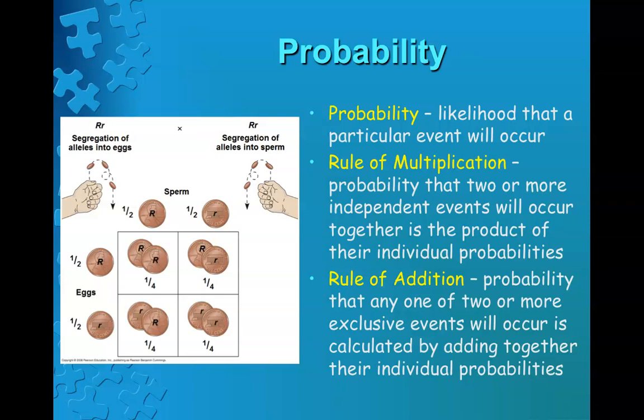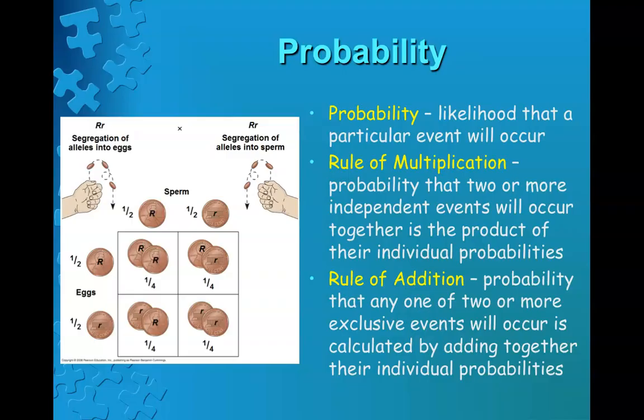When we look at genetics, we're looking at the probability of producing the outcome of an offspring based on what we have as parents. So I'm looking for the likelihood that a particular event is going to occur based on the conditions I have. And so with probability, I can use 2 different simplistic mathematical laws to help me figure out the offspring.